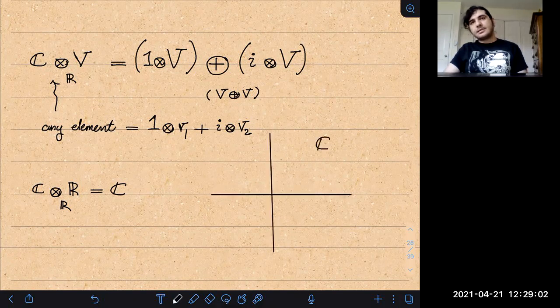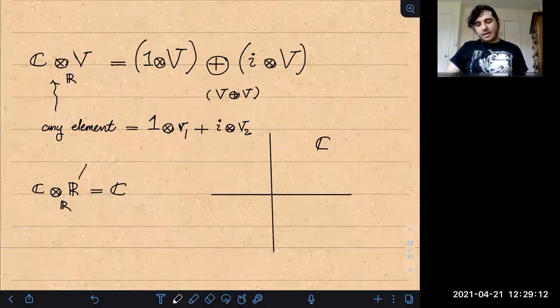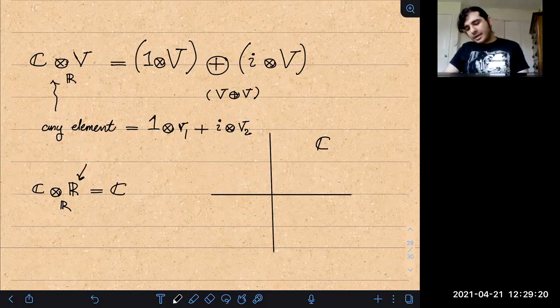Actually, there is a natural inclusion of the vector space R itself inside its complexification. So R can be thought of as a subset of C tensor R. And actually, that's this subset, the x-axis here, the real axis.